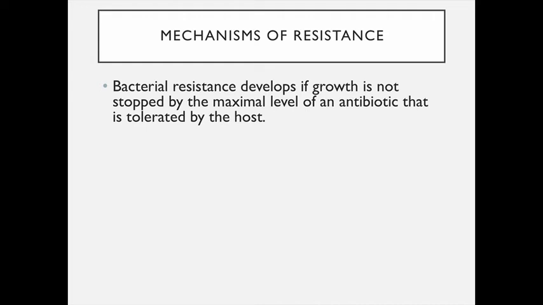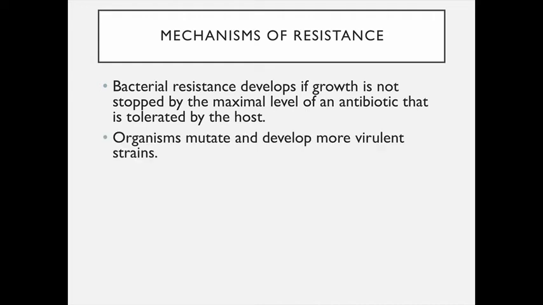So essentially, bacterial resistance develops if the growth is not stopped by the maximal level of the antibiotic that is tolerated by the host, right? So what that means essentially is the organisms are then able to mutate and develop more virulent strains.